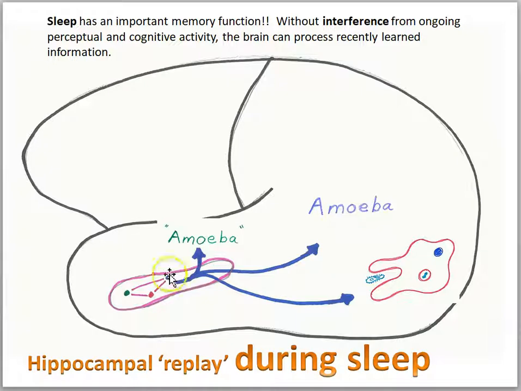You can reactivate the events of the day without any interference from ongoing perceptual activity because you're unconscious. So scientists suspect that during certain stages of sleep, the hippocampus is again replaying recently learned information, and that's going to help to strengthen the cortical memory traces for those events.